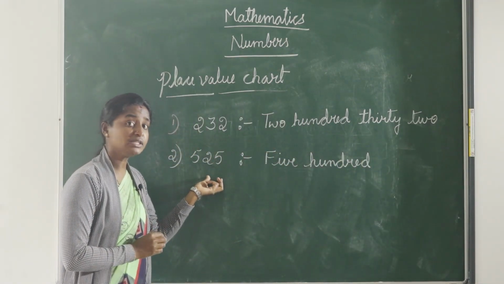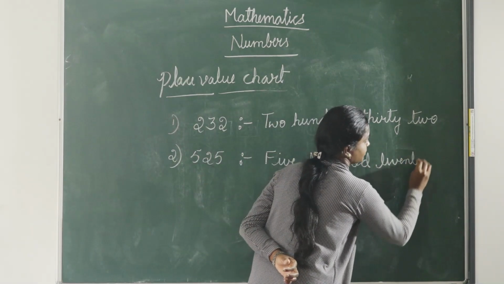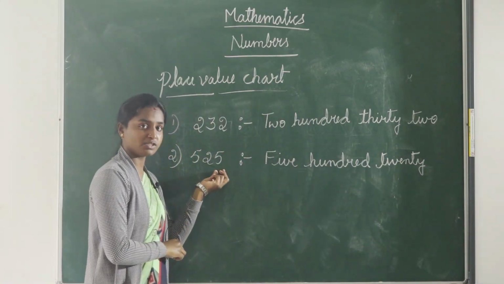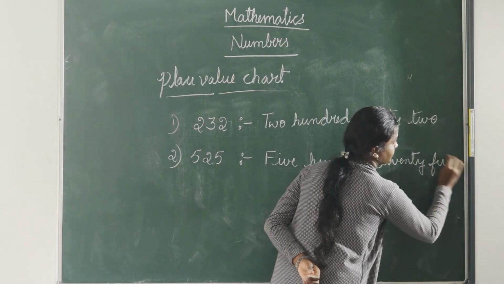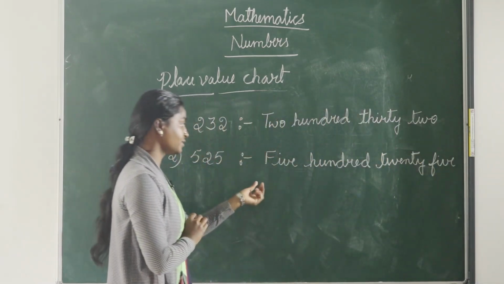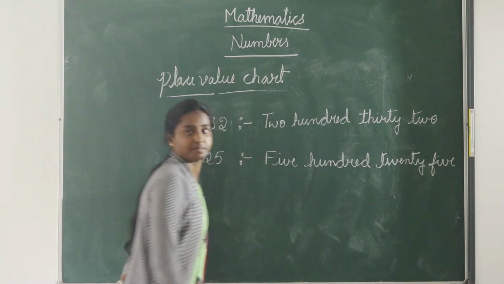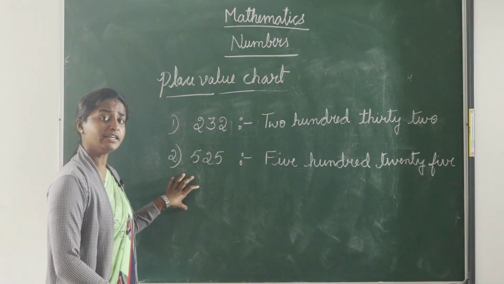So how to pronounce? 20. So where does 5 stand? It's standing in ones place. So 5. So let's read together. 525. Understood, no, children? So this is writing in words.